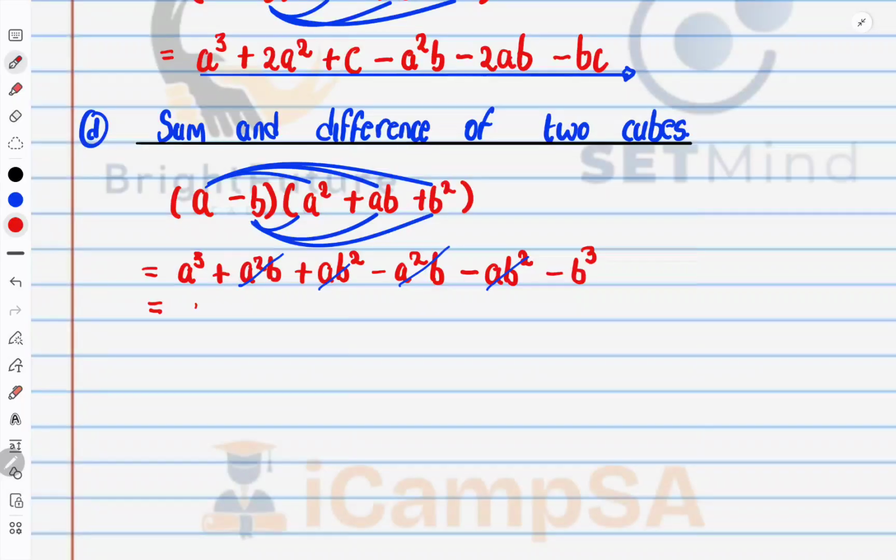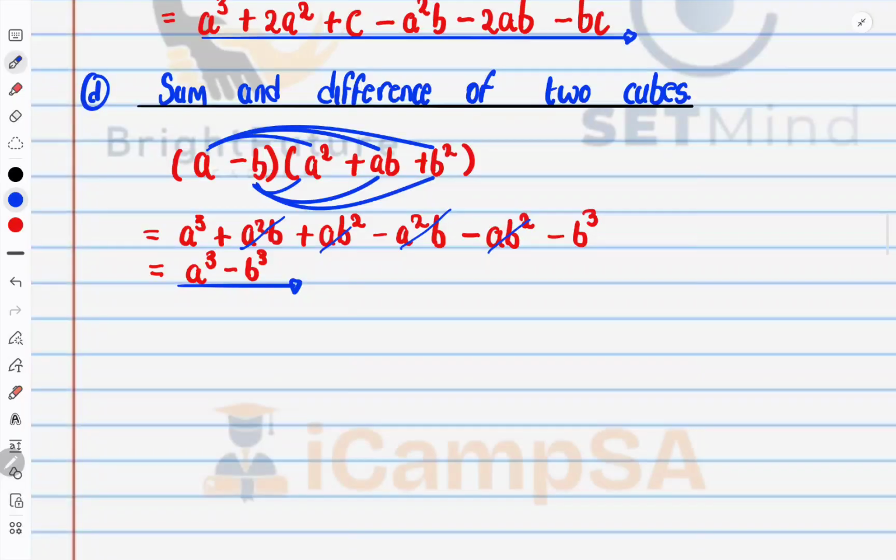Our final answer is a squared minus b squared, and that is your difference of two squares. Once we reach factorization, you will see that when we are factorizing the difference of two squares, we will always get this.